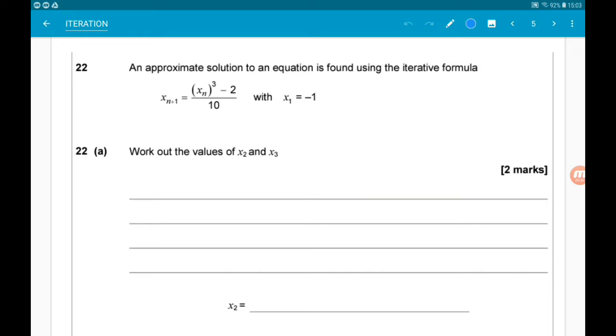And then put in answer cubed minus 2 over 10, and you should get x2 is equal to minus 0.3. Press equals again, and we will get x3 is minus 0.2027.